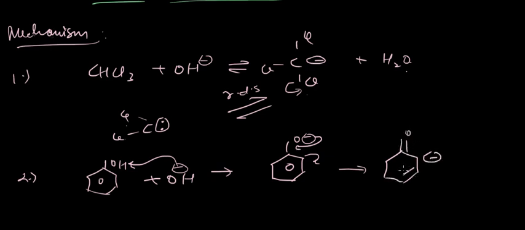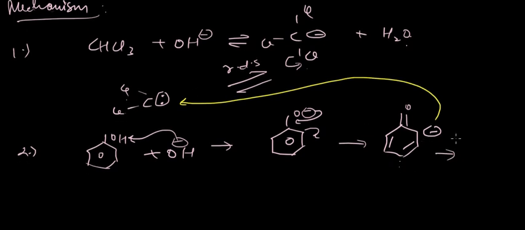Okay, so this negative charge will actually attack this carbene to form something like this product, where we have C minus, H and Cl.